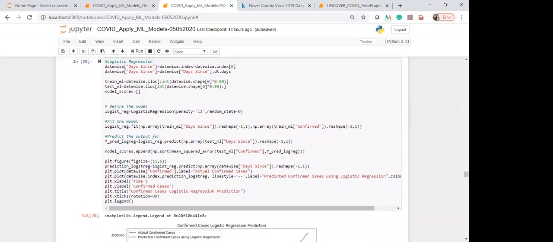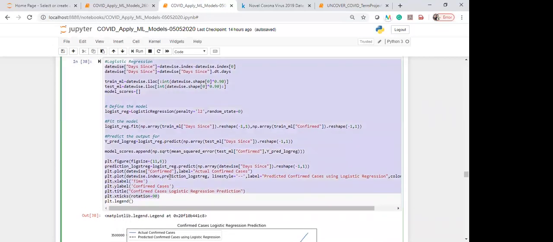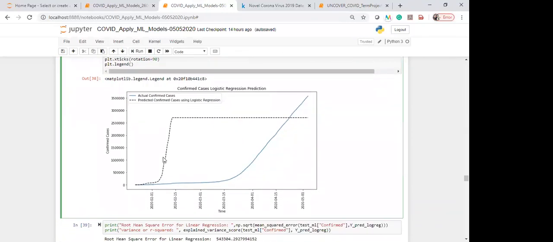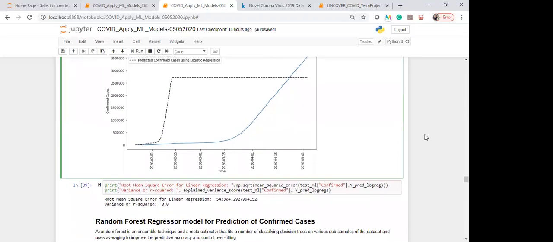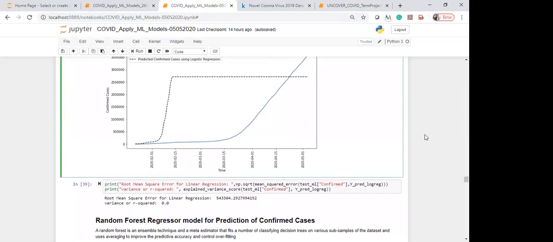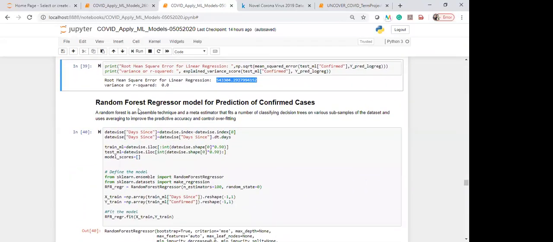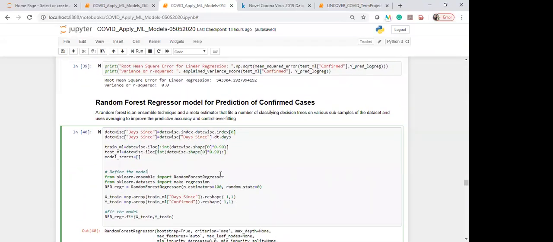And then I tried logistic regression. I know this is not the best way for predicting continuous numbers, but I still tried just to understand how it would apply to this data set. And this is the RMSE score. This is not good either. And then I tried the random forest regressor model.